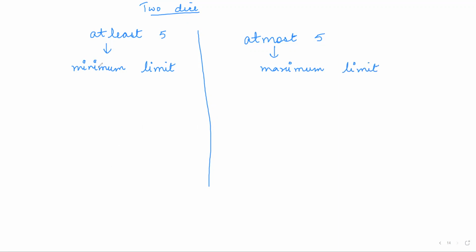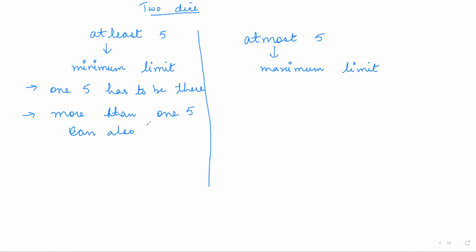So at least 5 means at least one 5 has to be there. More than one 5 will also be there.